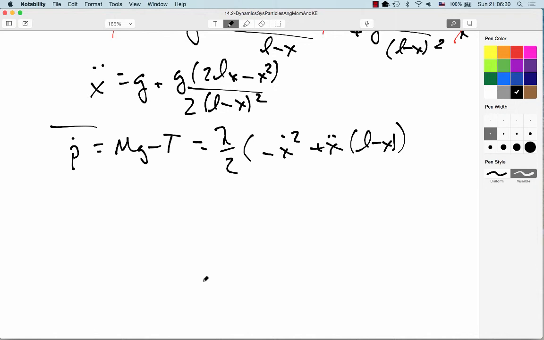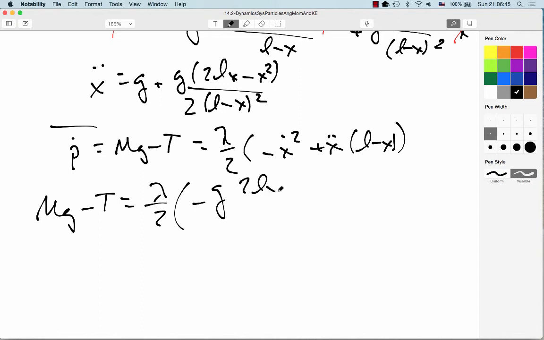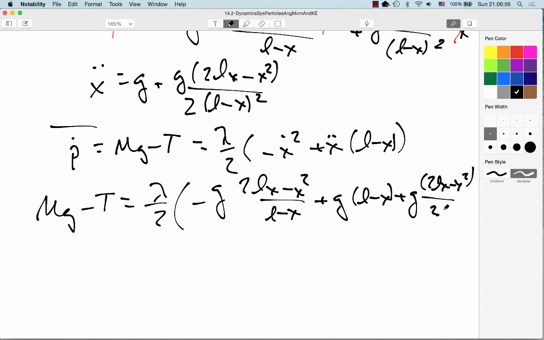But we just worked out what x dot was and what x double dot was. So now we can put it in. So we get mg minus T is equal to lambda over 2 times minus g 2lx minus x squared over L minus x, plus g times L minus x, plus g 2lx minus x squared over 2 times L minus x. All right.